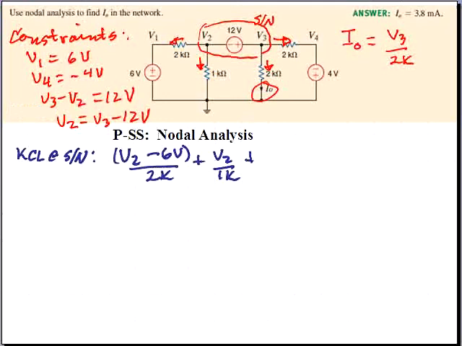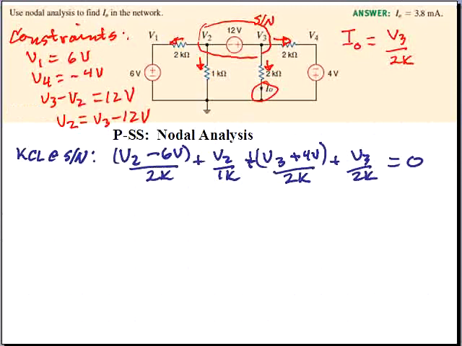And then at the right end we have plus V3 minus V4, but we see that V4 is minus 4 volts. This becomes a plus 4 volts here, and that's divided by 2K. And then the downward flowing current is V3 divided by 2K. And that sum should be 0.